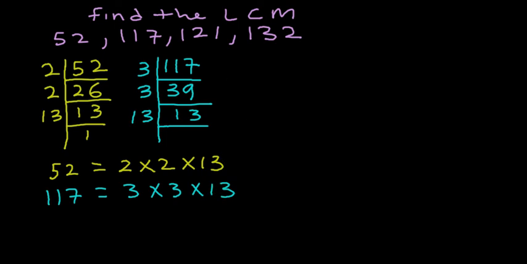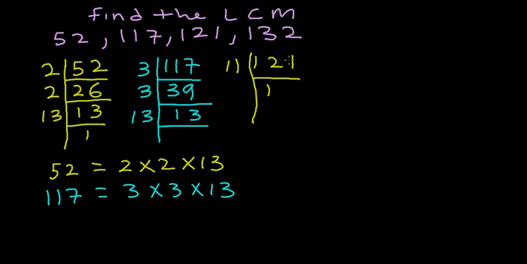Okay, let's go to the next number, 121. Okay, which number can divide? 2 cannot go without a remainder. 3 cannot. 5 cannot. 7 cannot. 11, yeah, 11 can divide 121. So 11 in 12, 1.